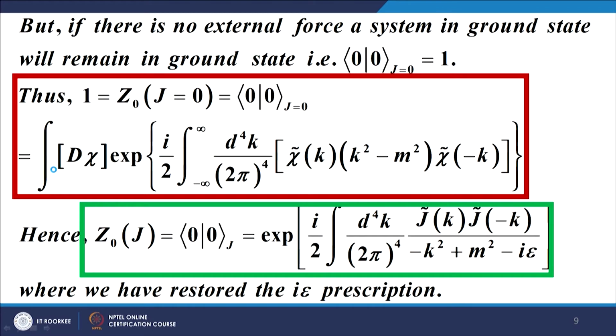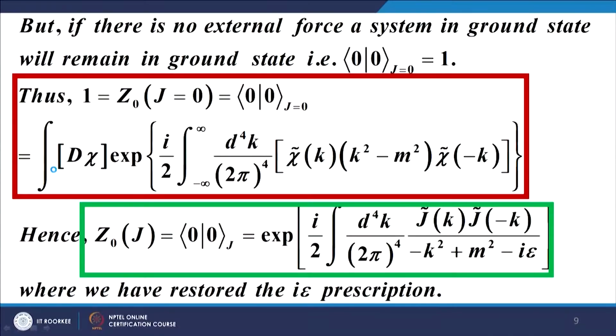Now comes a very important point, which I emphasized in the last class also: if there is no external field acting on the system, then a system in the ground state will continue to be in the ground state. In other words, if I work out the transition element between ground states with J equal to 0, it must return a value of 1.